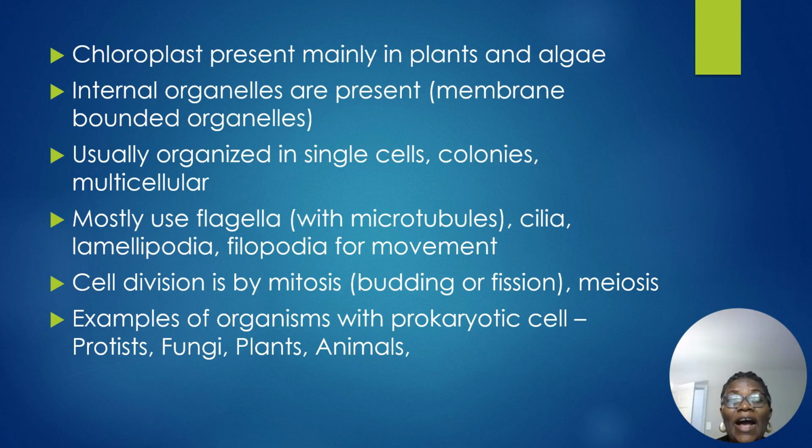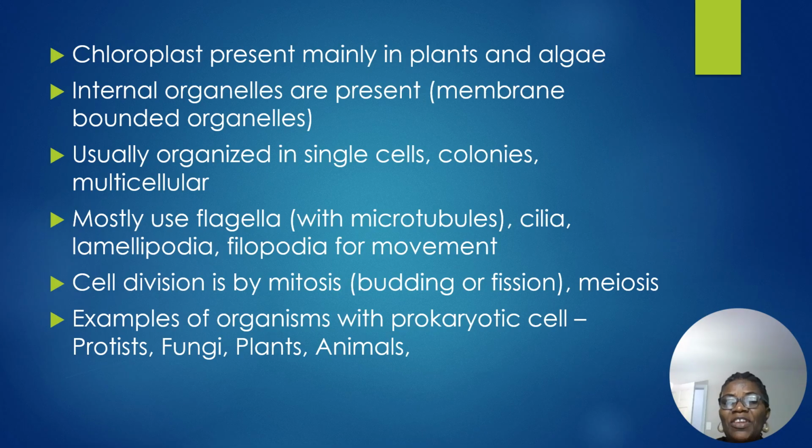Usually eukaryotic cells could be organized as single cells, colonies, or even as multicellular organisms. That is why we say that they are complex. Mostly they also use a flagella. Aside from flagella, they use cilia, lamellipodia, and filopodia for movement.